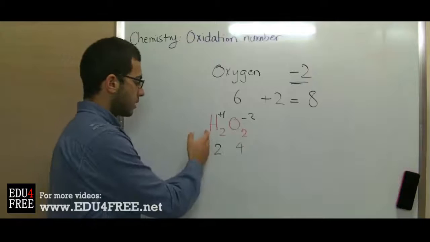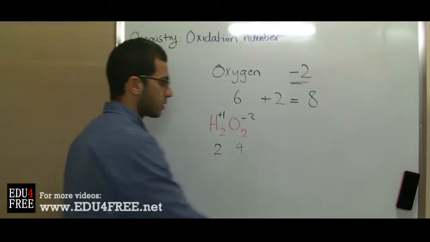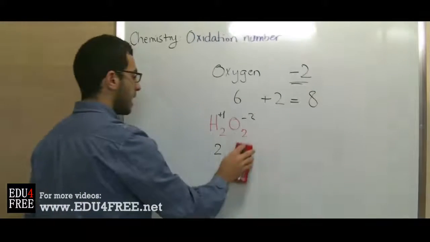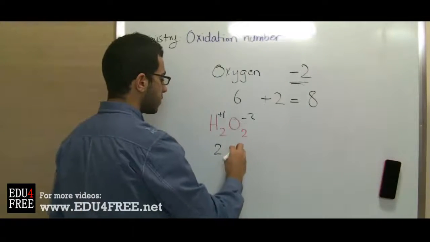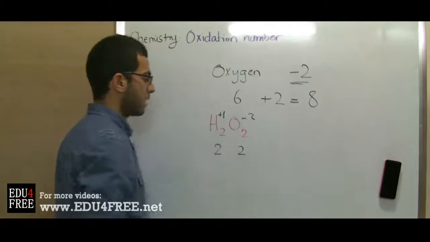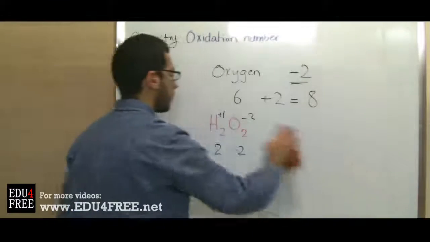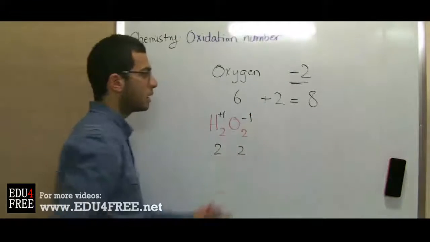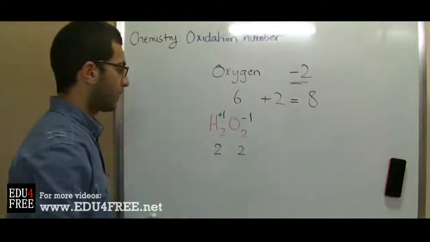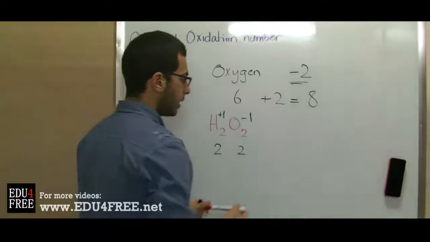So as hydrogen shares 2 electrons, oxygen must accept only 2 electrons. And since we have 2 oxygen atoms, the oxidation number of oxygen in this case will be -1, not -2. So it will be like this.